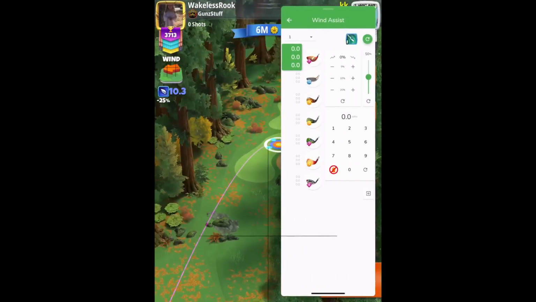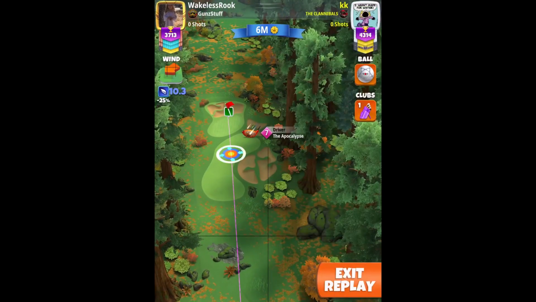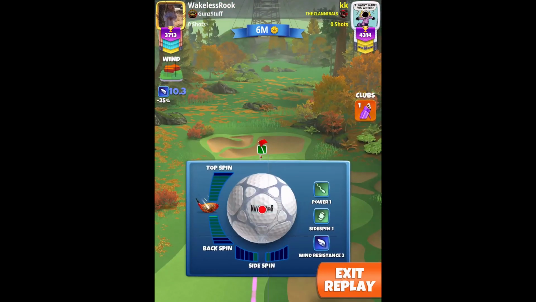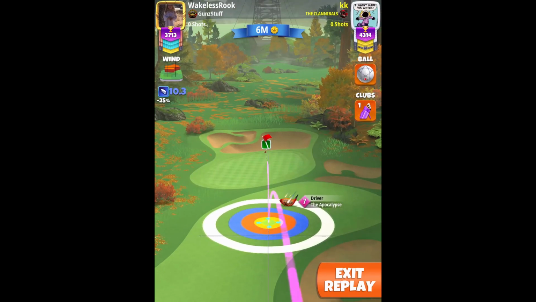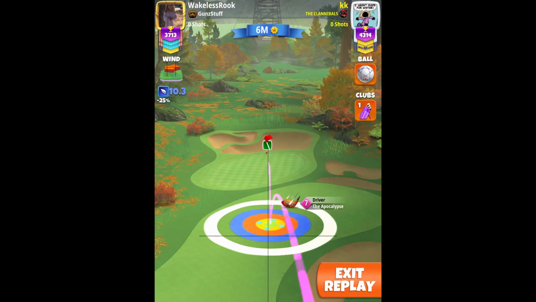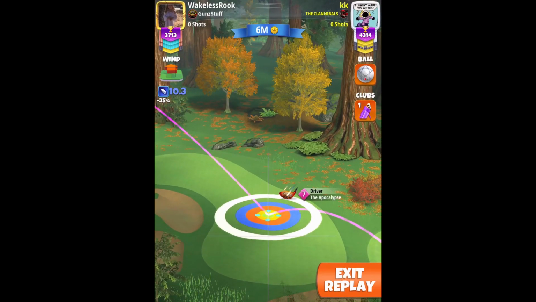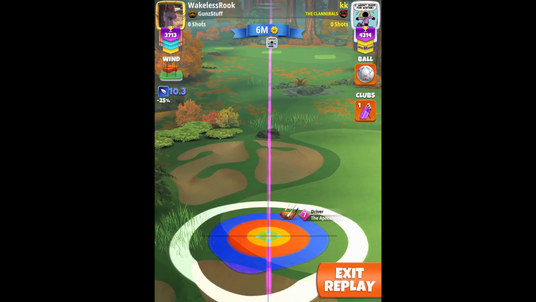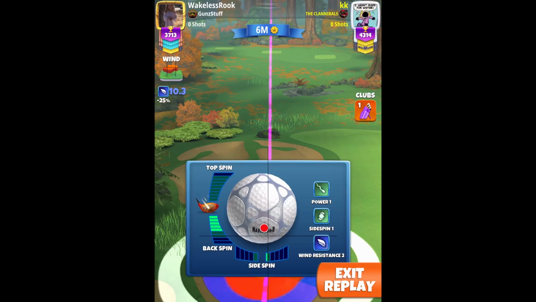Here's another right to left head crosswind. And I'm adjusting plus 30% mid and pushing up 2 rings, and this is with about 5.5 backspin and a little click of right spin.